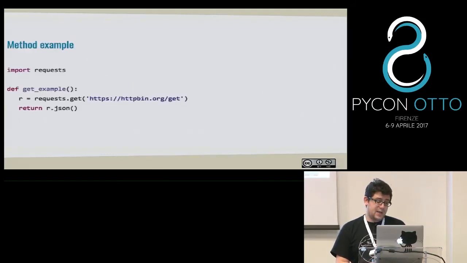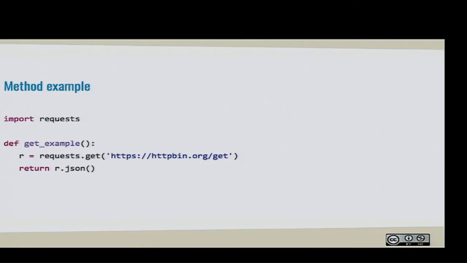But I just want to explain how to do testing for the request library. Basically, there are two methods. We will see both. So first, let's see an implementation of a method. So we have a get example. In this case, we are calling an external URL, and we are returning back the JSON returned by this URL.